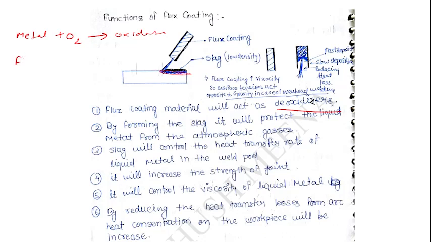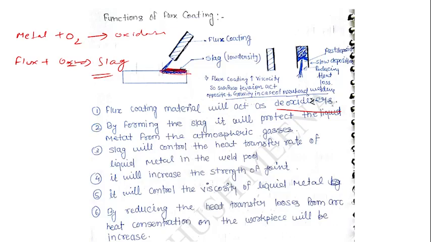This flux will react with the oxygen, and it will start making a slag. This material is called slag. There will be a coating of slag of very low density above your weld pool.